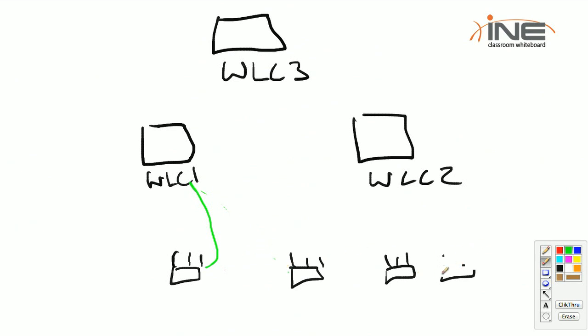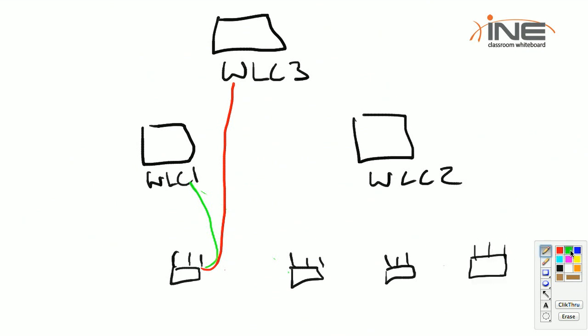For N+1, I basically have my primary path and my secondary path. The second design we'll look at with AP2, I actually do need 2 APs for that particular one.